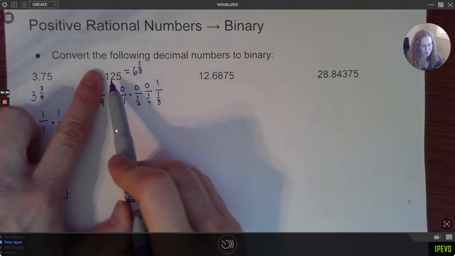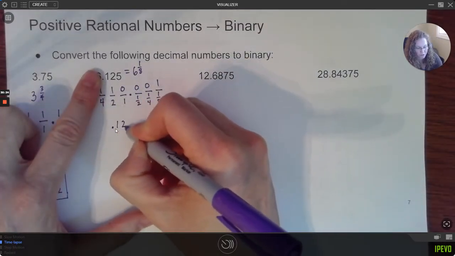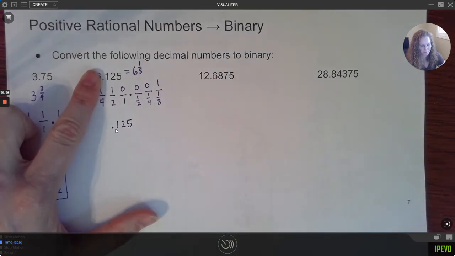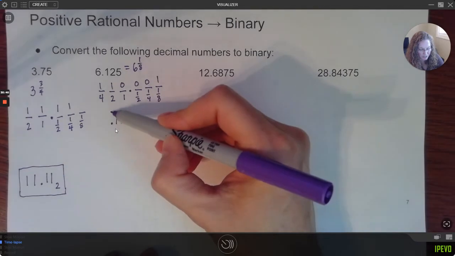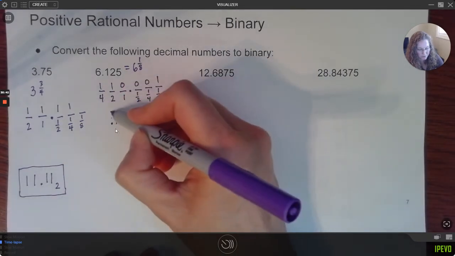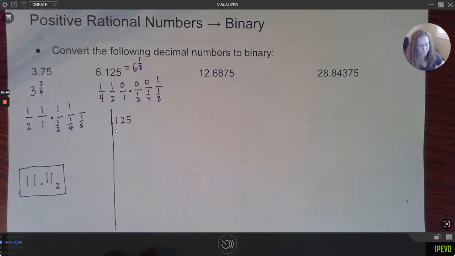It's this decimal part. Okay, so I'm going to write down the 0.125, the decimal part. Okay, and I'll show you how to convert that. So I'm going to take a line through my decimal point, and I'm going to draw it straight down. And so my decimal point is always going to be on this line.